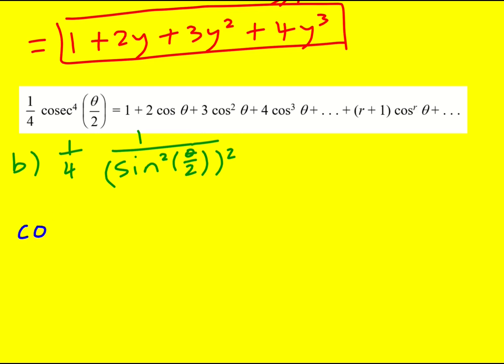It's not going to be the double angle formula for sine. I'm going to write down the double angle formula for cos. So, sorry, not cos squared, but cos 2a is identical to cos squared a minus sine squared a.